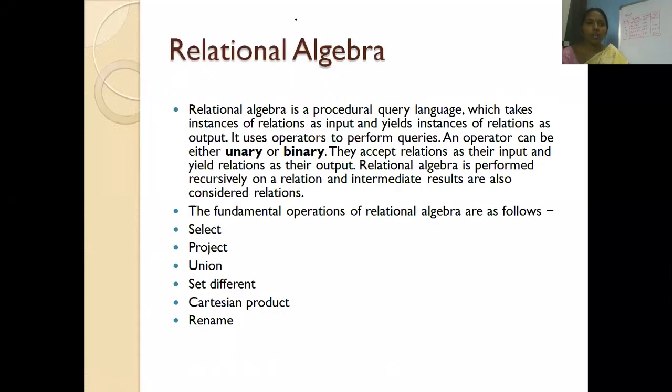In the last session we discussed that relational algebra is a procedural query language. It may be unary and it may be binary. That means we can perform operations on one table, or by combining two tables also we can perform the operations.